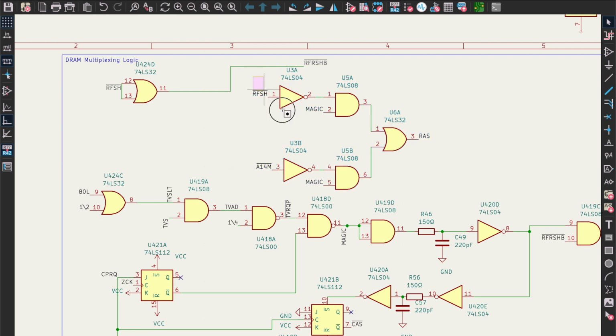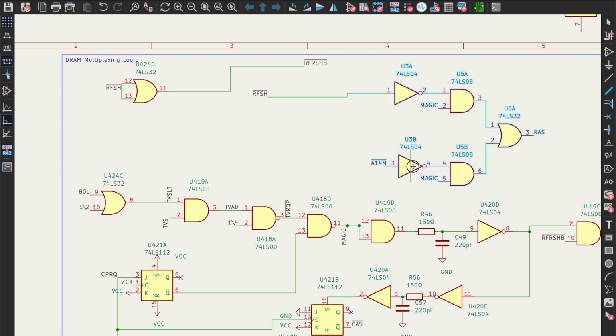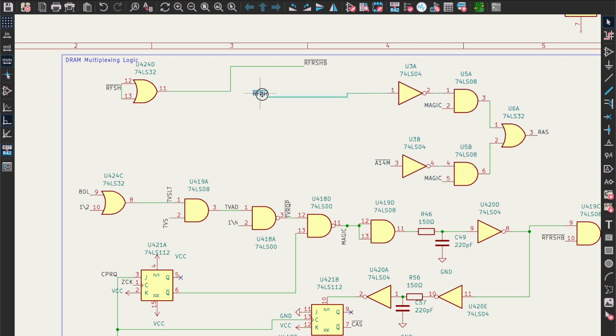Stupid. Just put that over. Come on. Okay. Let's move this down here again. I need that there. Apologies.